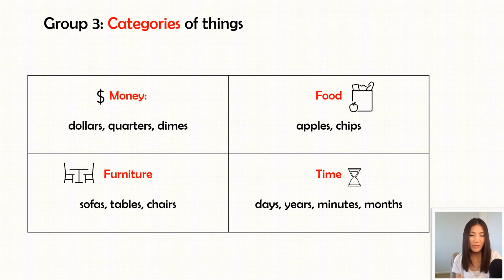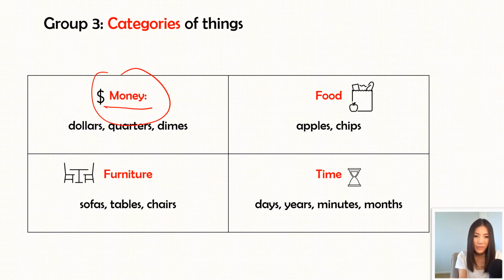The third group of non-count nouns are categories of things. So for example, under the category of money, we have dollars, quarters, and dimes. So the category name, money, is a non-count noun, but whatever falls under that will be count nouns. Same thing with furniture. Under furniture, we have sofas, tables, and chairs. Under the category of food, we have apples, chips, and other types of food.